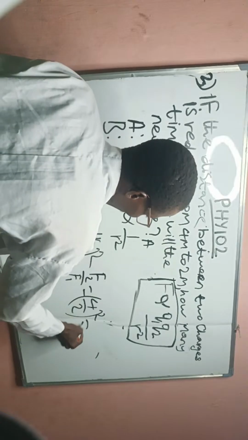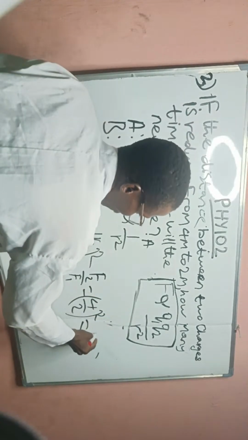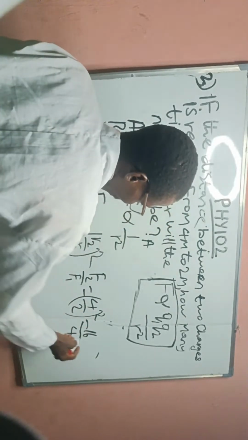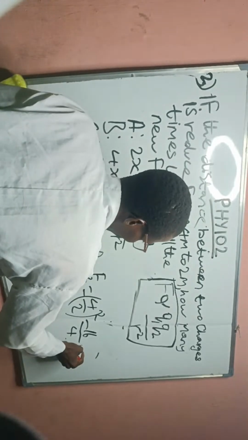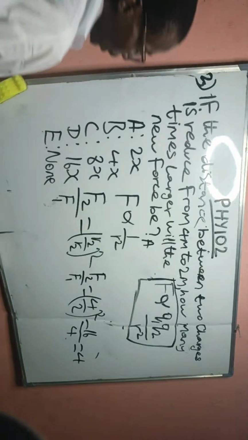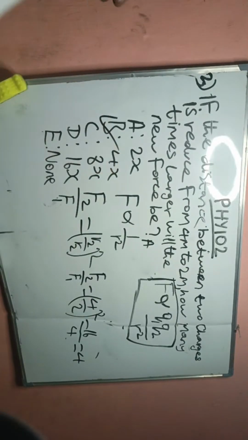Therefore, 4 to the power of 2 is 16 and 2 to the power of 2 is 4. When you divide everything, you have your final answer as 4. Therefore, option B is correct for this question.